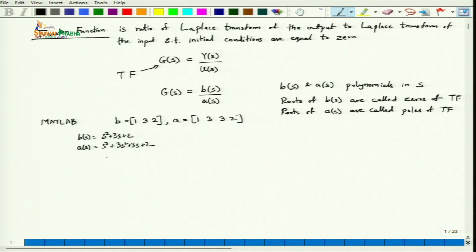Then if we want to write down G, we just use the function tf(B, A) to get our transfer function G.